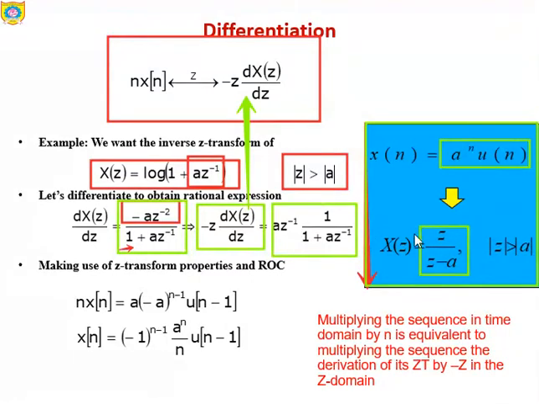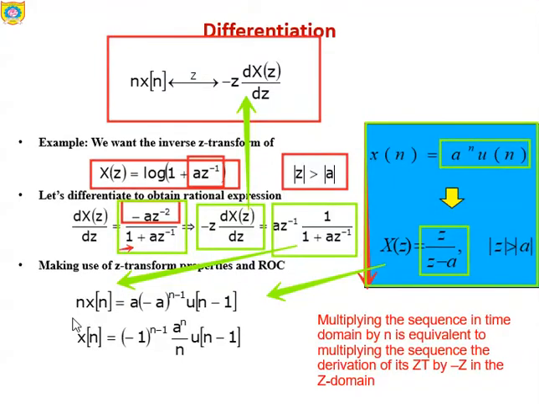So by the application of this property for the causal sequence, making use of the z transform property and ROC, obviously from this equation we can conclude that n times x of n, after applying the property, will be nothing but a into minus a raised to n minus 1 into u of n minus 1.